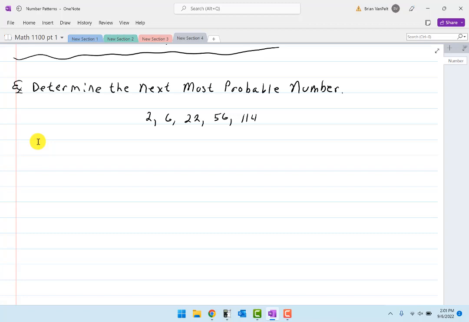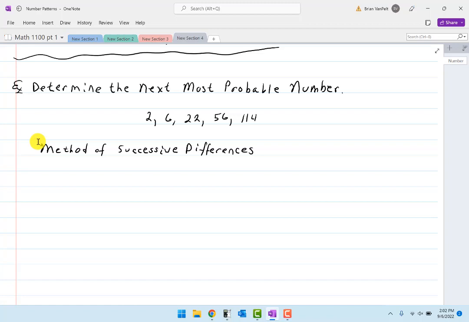We have to come up with some other way of figuring out what the next number is. So there's a method here called the method of successive differences. Let's see how it is used on a problem like this.